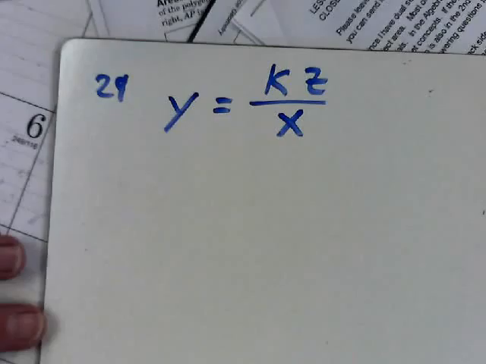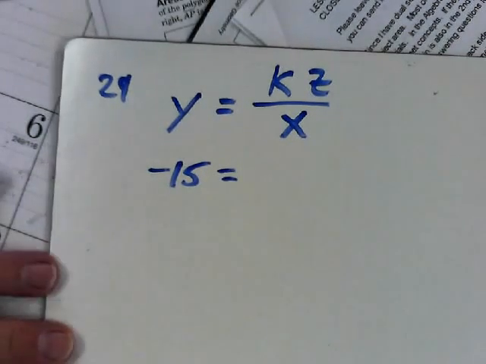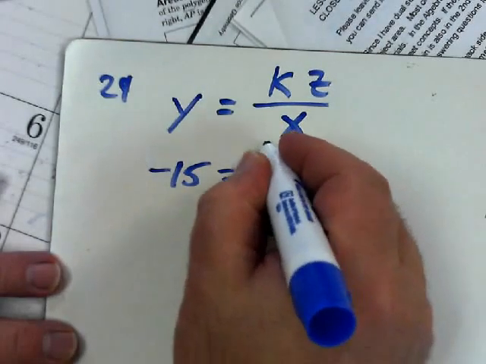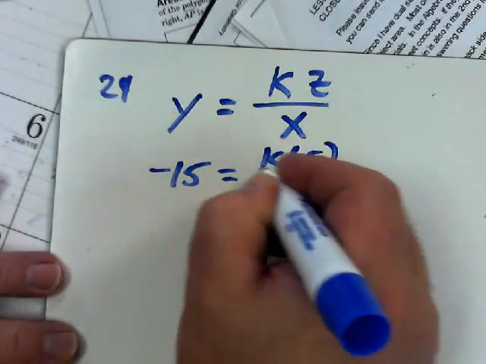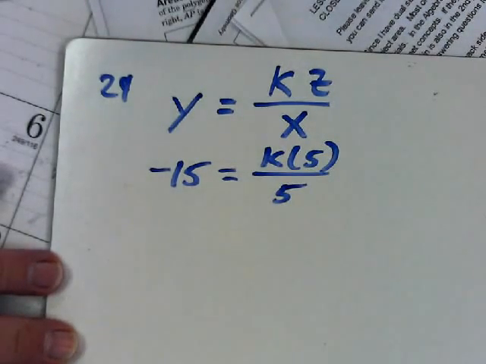Y is negative 15. Z is 5, so I'd have k times 5. X is 5. Alright? How am I going to solve for k? Multiply 5 times negative 15.